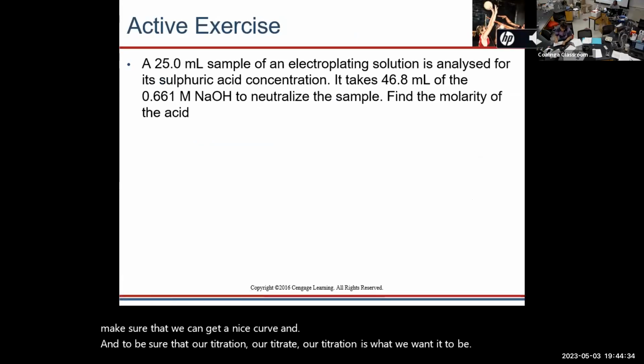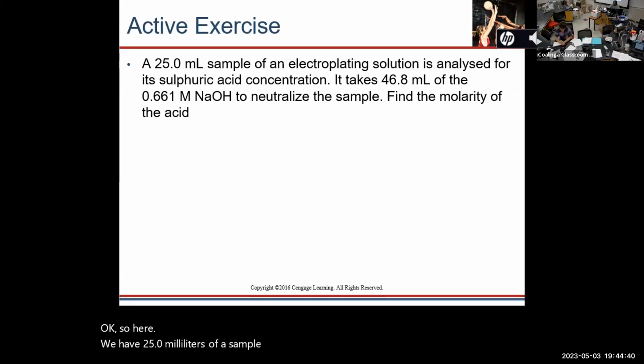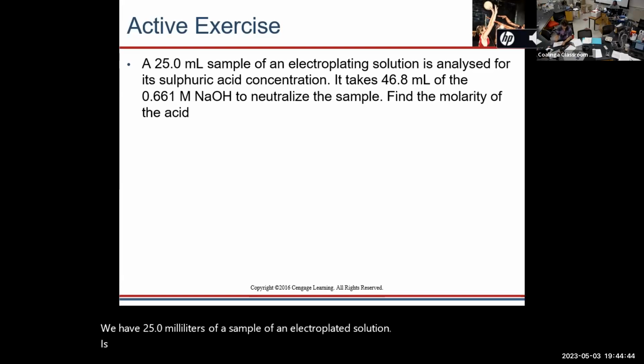Okay, so here we have 25.0 milliliters of a sample of an electroplated solution is analyzed for sulfuric acid concentration. It takes 46.8 milliliters of a 0.661 molar sodium hydroxide to neutralize the sample.